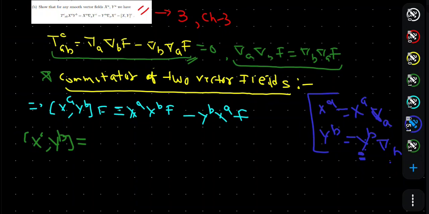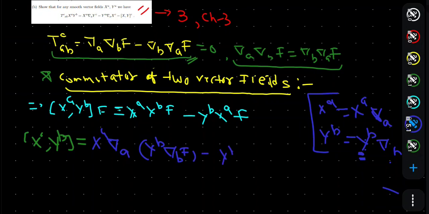Okay, so now if I try to write this in a more elaborate manner, what you will see is that it is equal to x^a nabla_a acting on y^b. I am writing it in brackets. I will try to explain this because this particular operator will act on y^b and then on the particular function. So y^b nabla_b and here f.